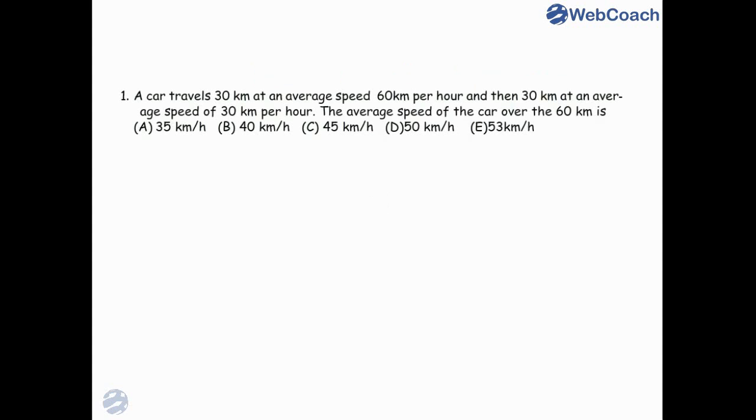Now in my slide there are some examples of the kind that one might have solved in junior classes, where the average speed is given as 60 kilometers per hour, and the distance for which it is traveling is given as 30 kilometers.